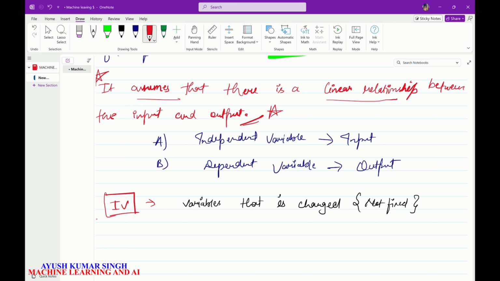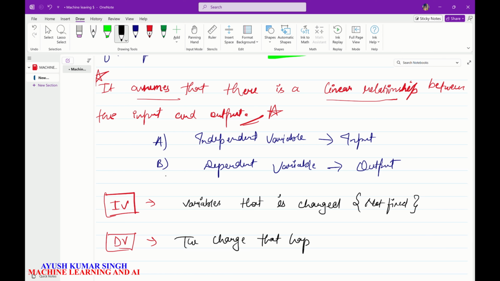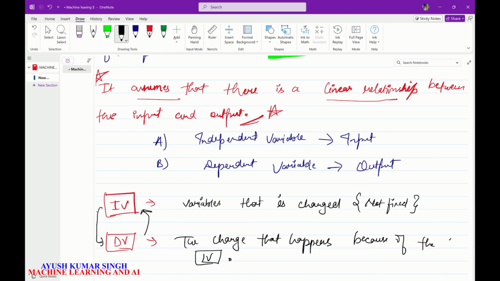Now, what is the dependent variable? The dependent variable is the change that happens because of the independent variable. So now you know how they are interconnected, right? Because IV is the reason for the dependent variable.